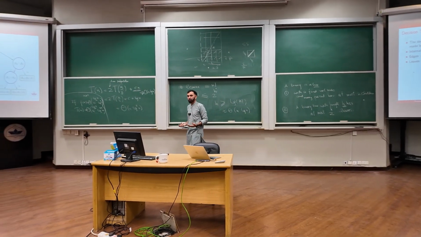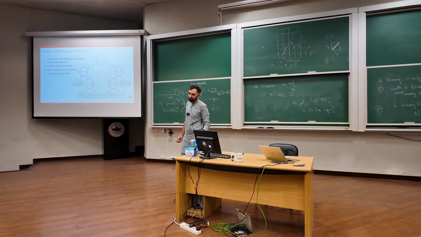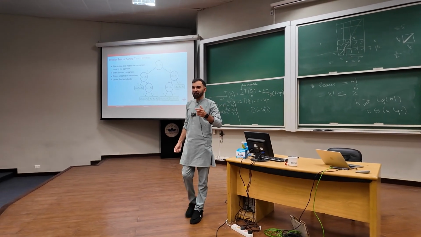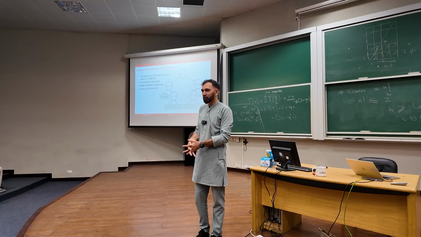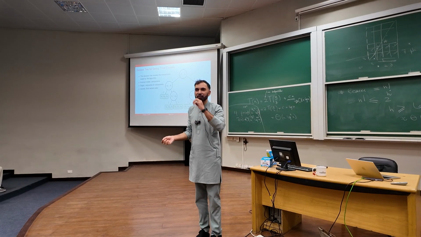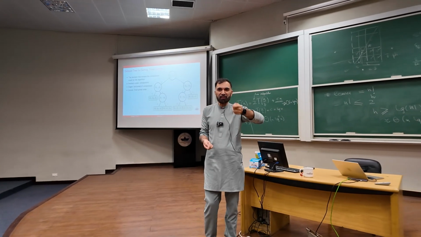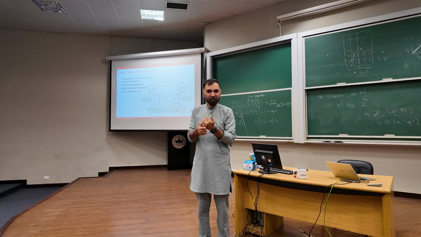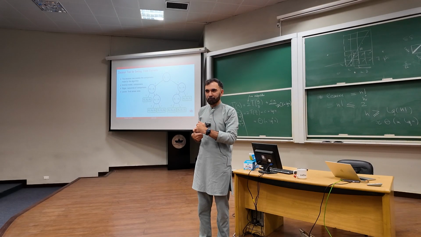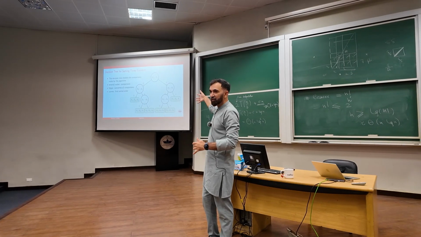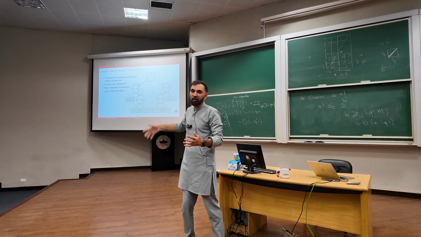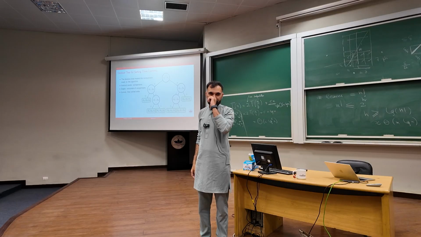So I know from this bit of calculation that the height of the comparison tree is at least n log n. And what does the height of the tree represent? At each level I'm doing a comparison. So if the tree height is 3, then I'm doing at least 3 comparisons.